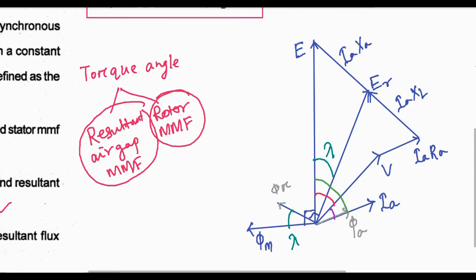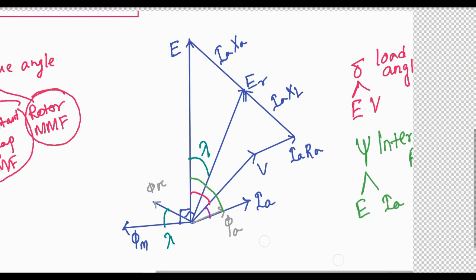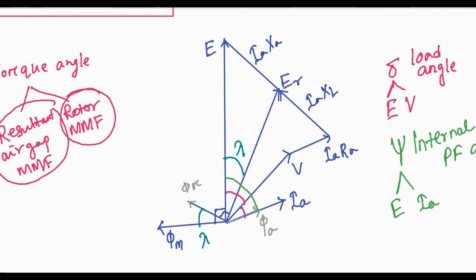So here I have drawn the phasors. This one, E, is the excitation voltage, and ER is the air gap voltage, and V is the terminal voltage. From this terminal voltage, and this is the load current, IA is the load current, and phi IA is the flux due to load current.